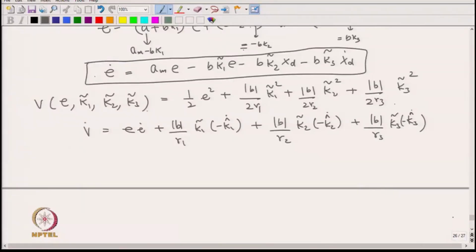So, let us substitute for the closed loop error system.